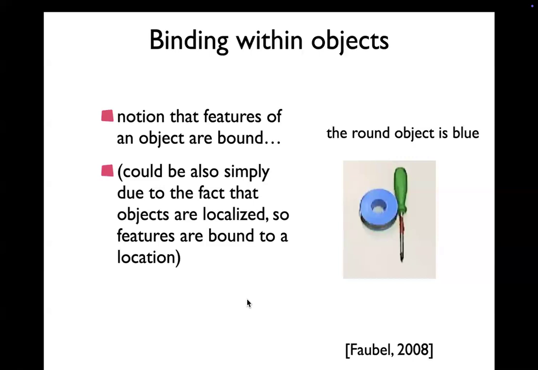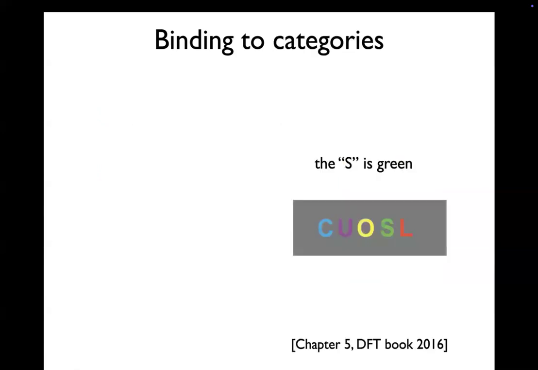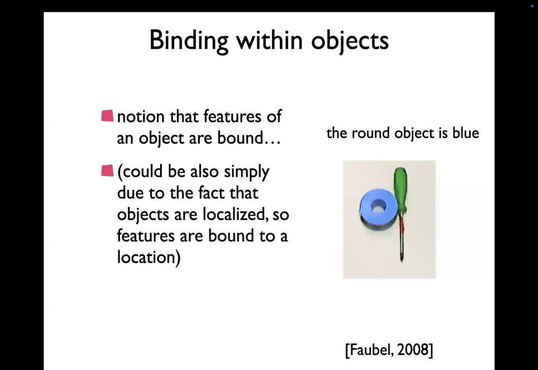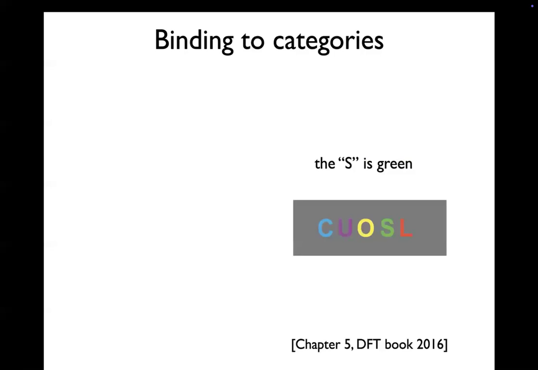It could be the same as saying that everything is bound to a location, because objects tend to be localized. There are some subtleties about that. Localized in which space? Is it a space that's tied to my perceptual system, or is it a space out there in the world? Are we flexible? Can we shift things around and so on? There's some interesting current research on that. So that's the classical notion of feature binding.